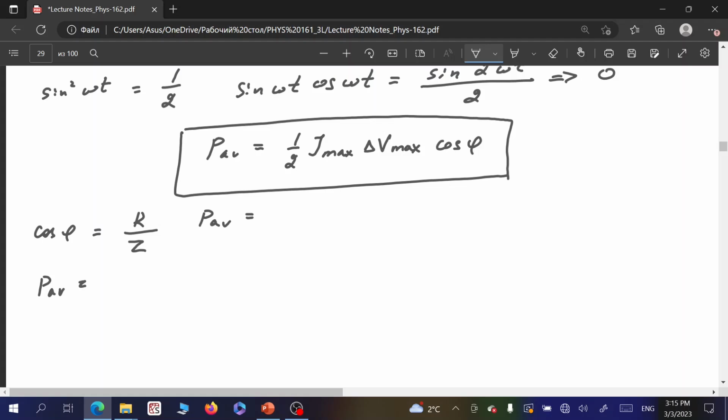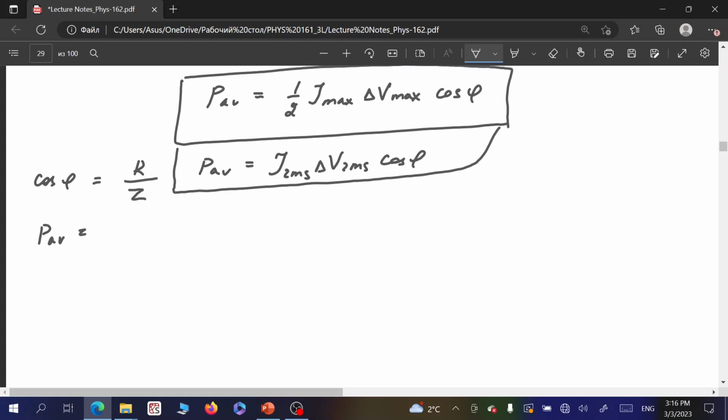As you remember, it was defined as maximum divided by square root of 2. So now we can write that here it will be IRMS delta V RMS times cosinus phi. So we don't have this 2 in the denominator when we operate with RMS values. So this is another option how we can represent this average power.